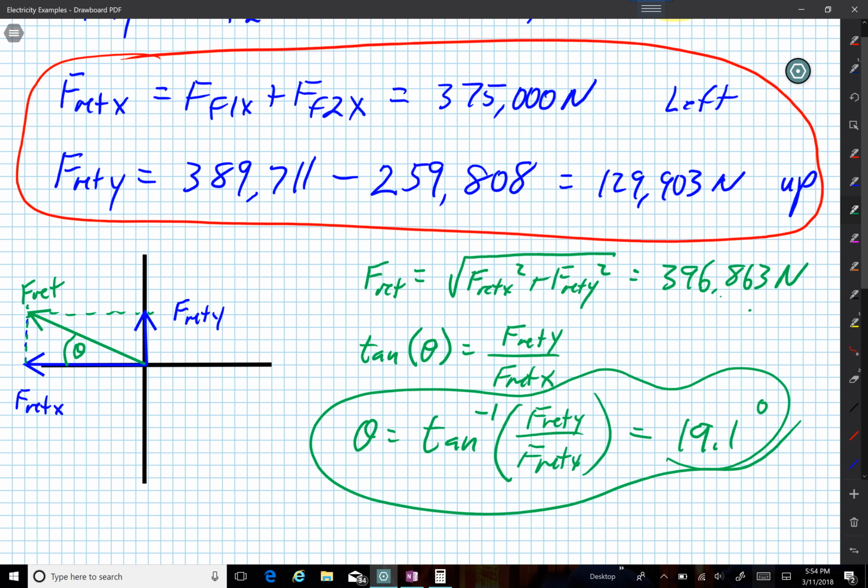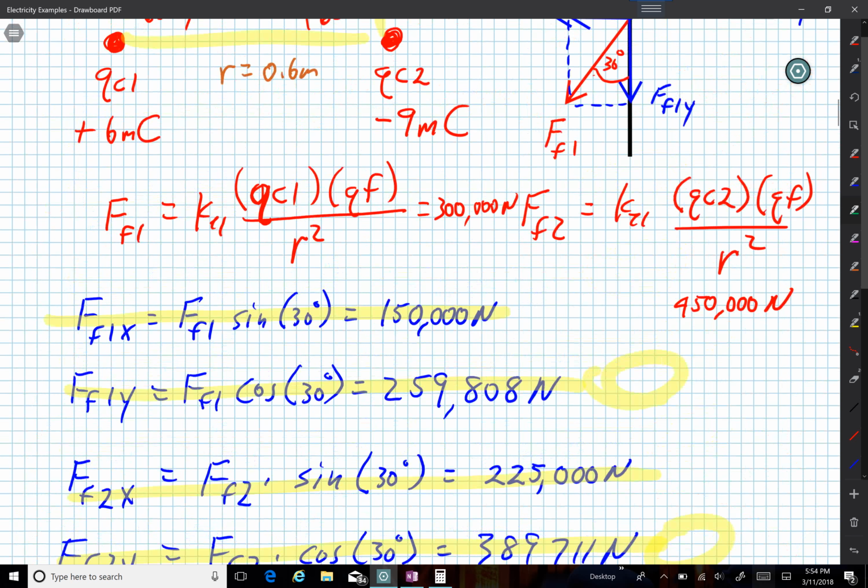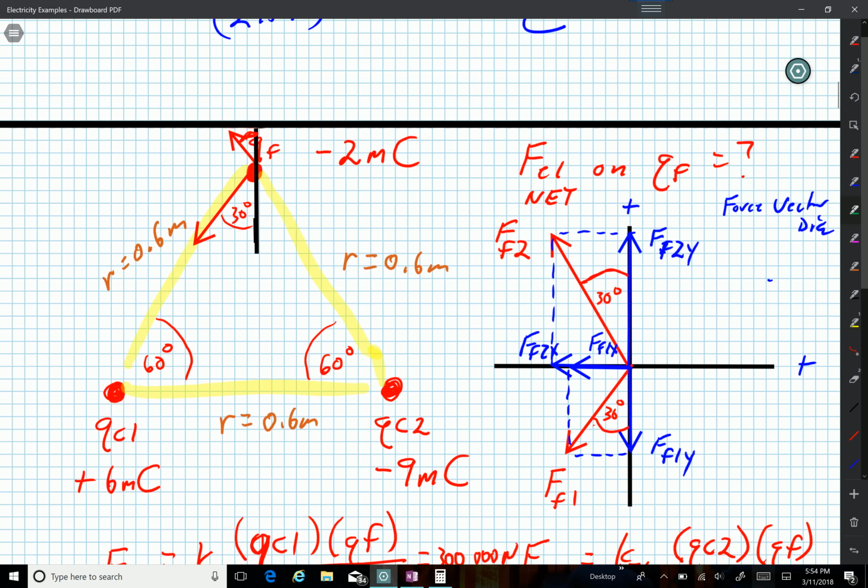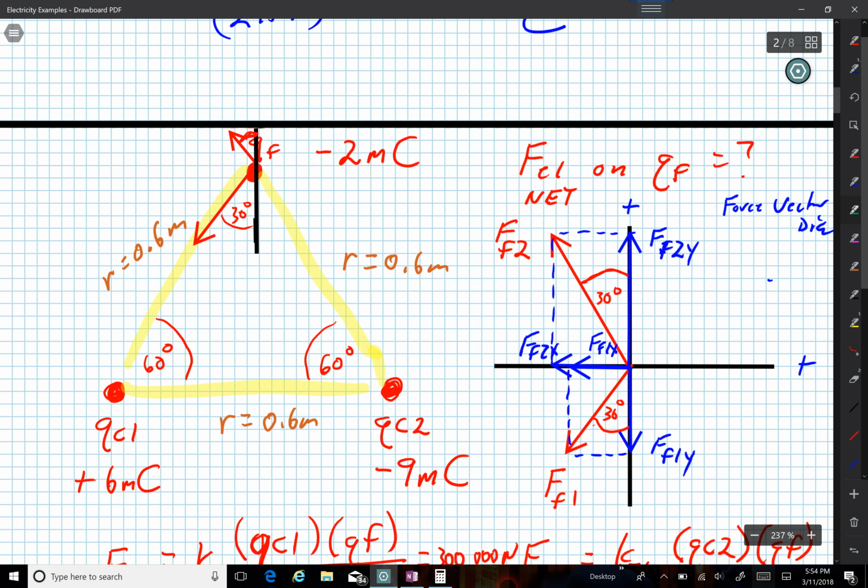Okay. Now, just like we've done previously, I can ask, what's the electric field at that point? So let's go back to the beginning of the problem. Now I can shift my focus in the question and say, what's the electric field at this point? Not the electric force on this particular charge.